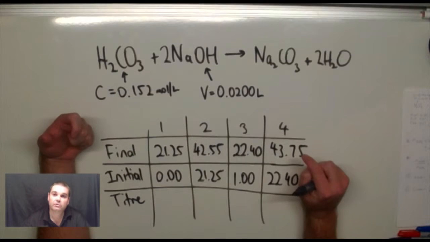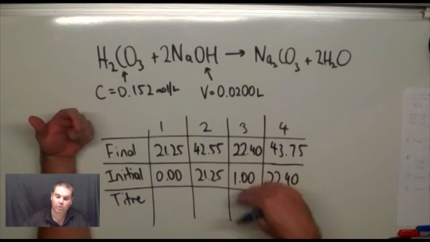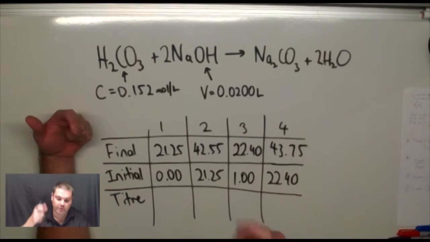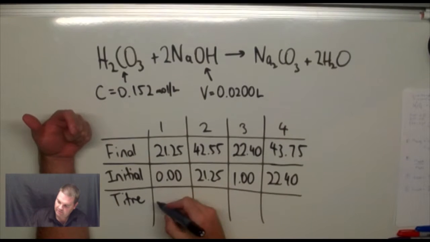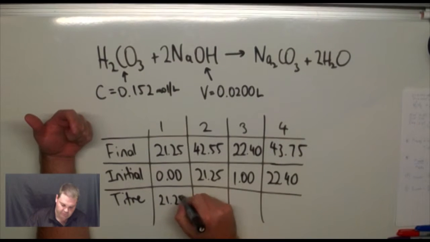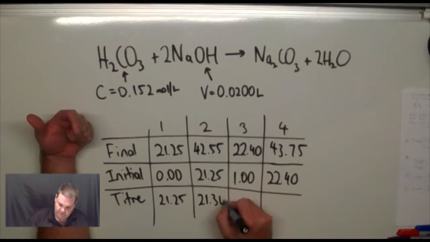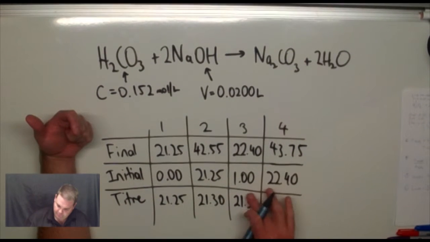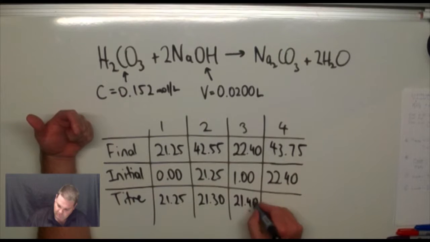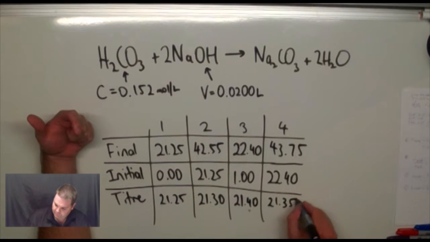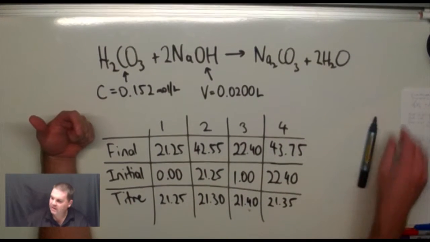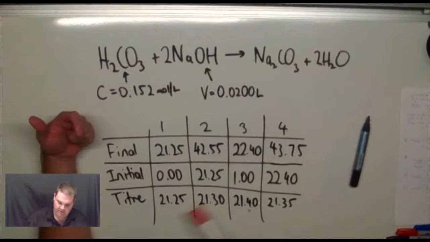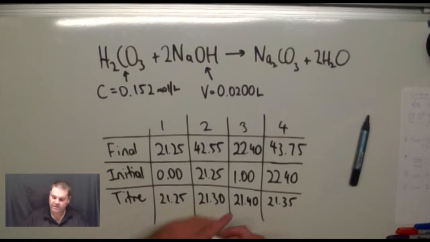So make sure you do that in your calculations or when you're recording in your titrations, okay? Really important. So we're going to get some titer values here of 21.25, 21.30, 21.40, and 21.35.